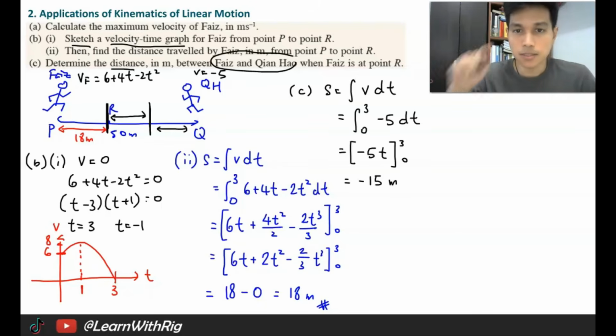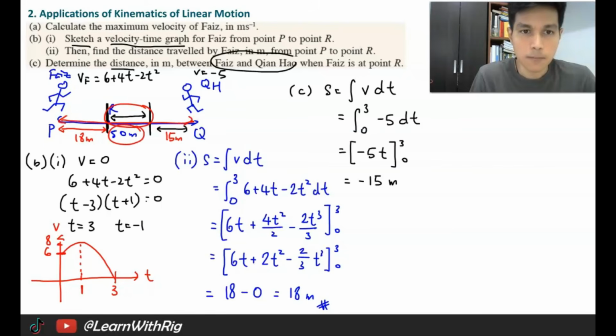Okay, so that means Chen Hao is running to the left by 15 meters. He already ran 15 meters within 3 seconds. So here is negative, so it's 15 meters here lah. Okay, so if you want to find the distance between both of them, you must take the total distance, which is 50 minus 18 minus 15. That's when you get your answer.